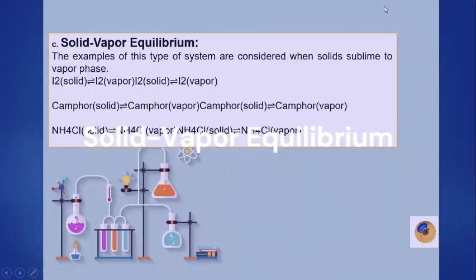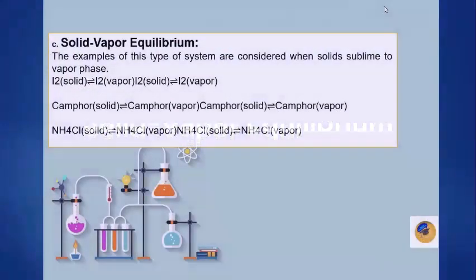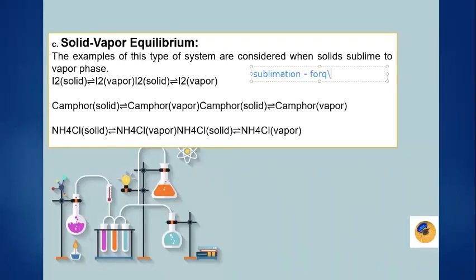Our next phase transformation process is solid-vapor equilibrium. Let's take the example of naphthalene or camphor. When a solid changes into vapor, it's called sublimation. That is, the forward reaction is sublimation. And when vapor changes into solid, it's called deposition.